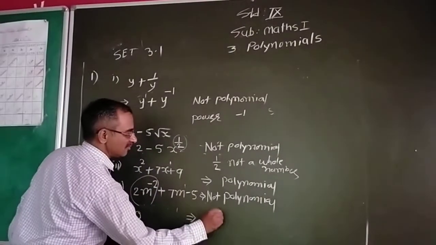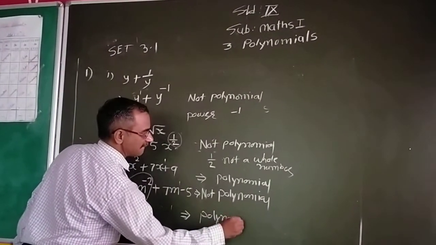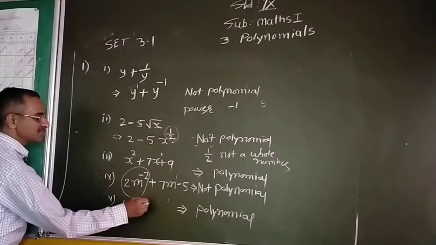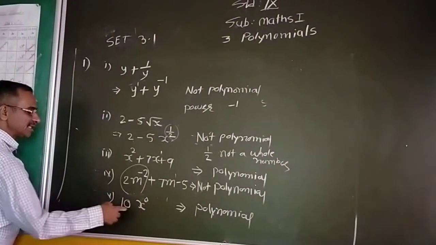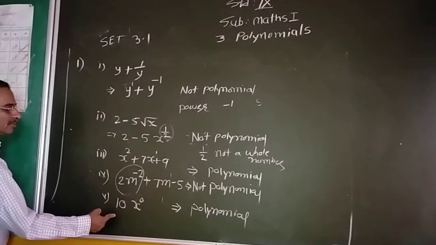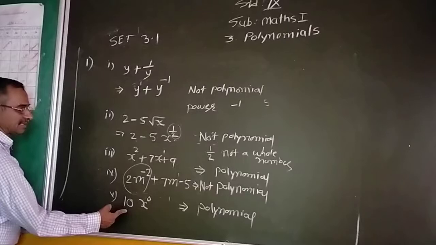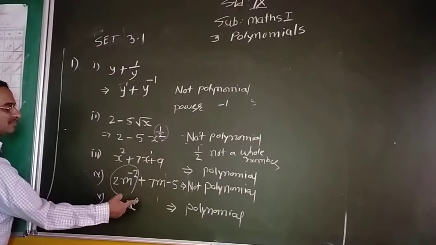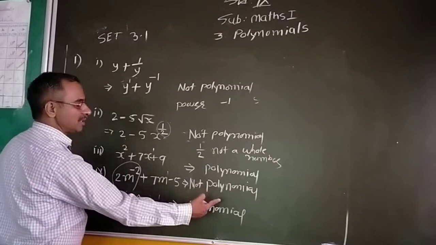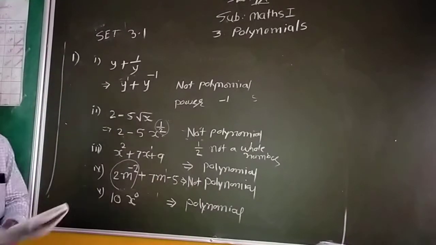So it is a polynomial, because it can be written in the form x raised to 0. x raised to 0 means 1, and 1 multiplied by any number has no effect. So we write 10 as 10 x raised to 0. The power is 0, which is a whole number according to the definition of a polynomial, so it is a polynomial.